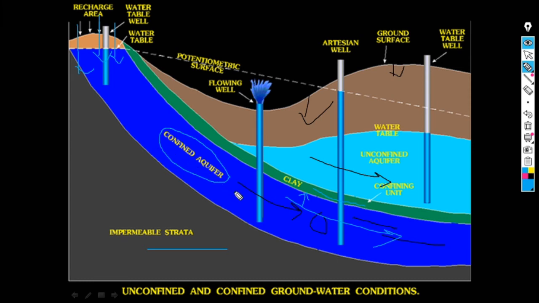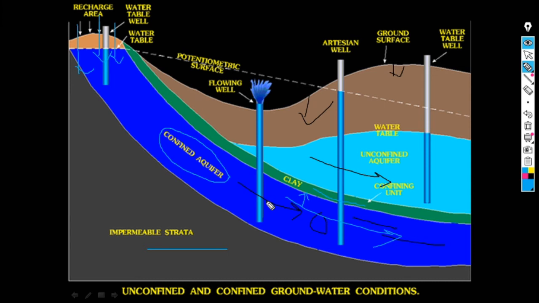Okay, so now the water in this unconfined aquifer is in contact with atmosphere, right? So it will just rise till the water table, right? But the water in this portion in a confined aquifer is not in direct contact with atmosphere, it is under pressure.